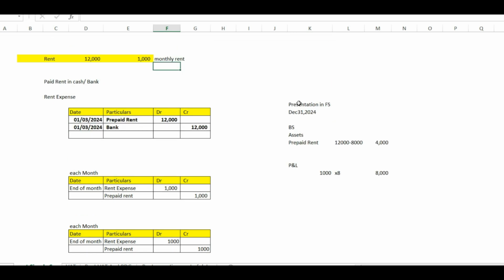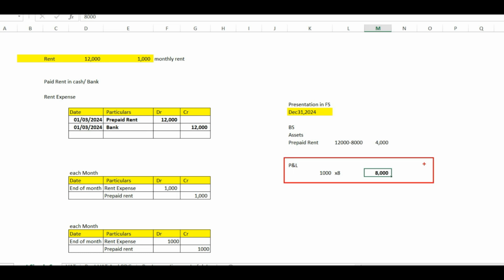Now suppose your financial year ends on 31st of December 2024. As far as presentation in the financial statements is concerned, every month you will charge 1000, so 8000 will be charged as an expense in P&L.